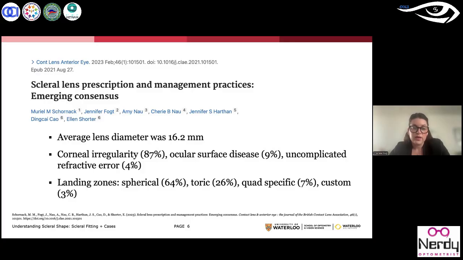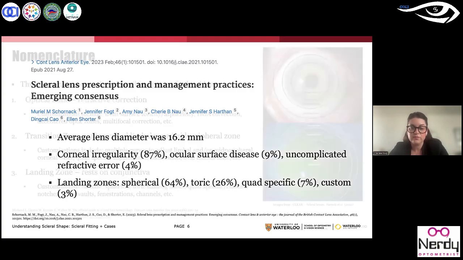So corneal irregularity is still by far the most popular reason to fit these lenses. And then a little bit about the landing zones. At that point, spherical comprised 64%, followed by toric at about a quarter, with quadrant specific and custom landing zones fit the least frequently at that point.